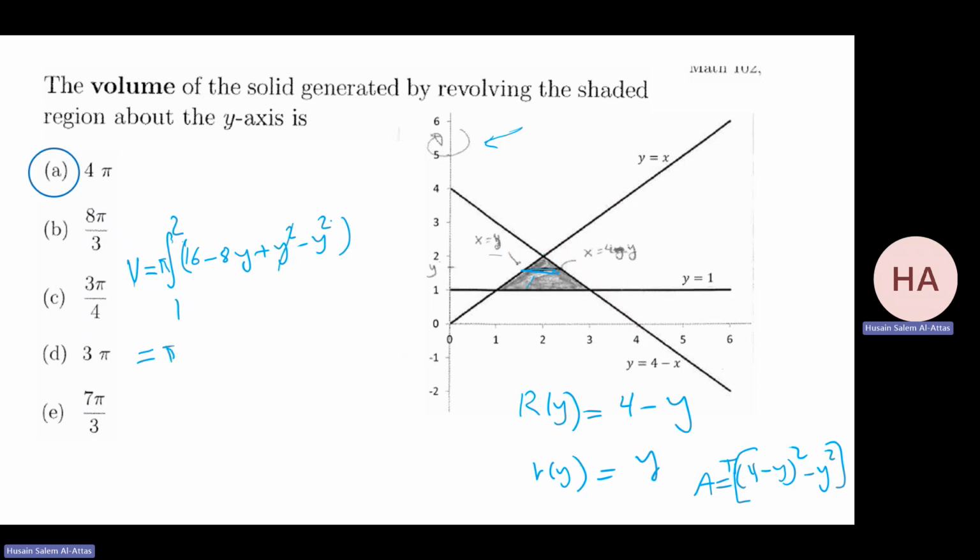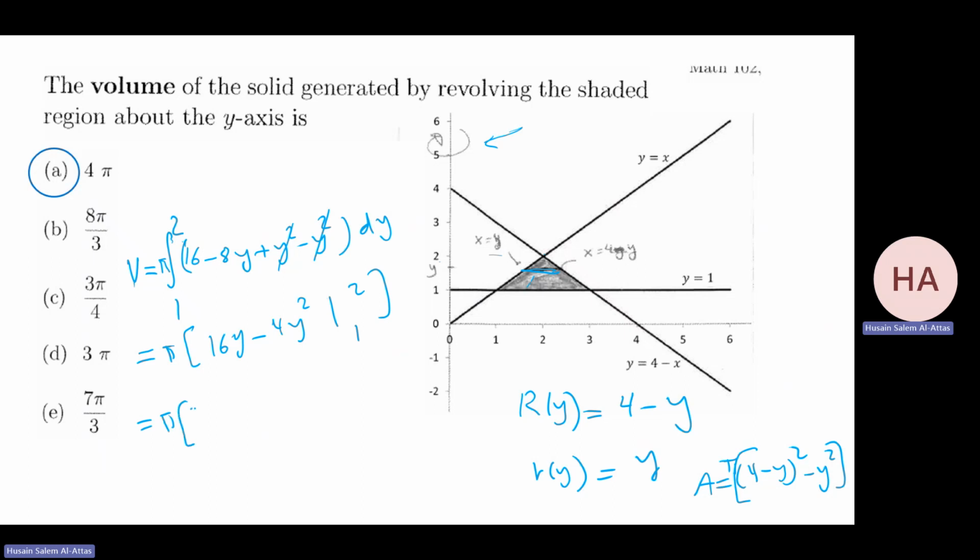The y squared terms cancel. So 16 minus 8y, dy, from 1 to 2. Let me see what will happen.